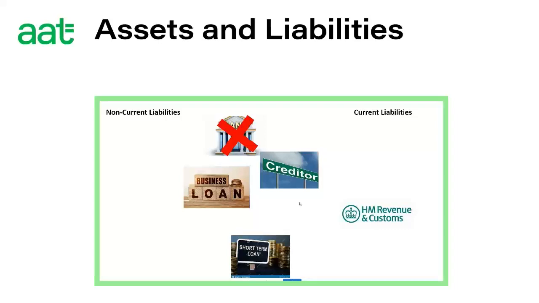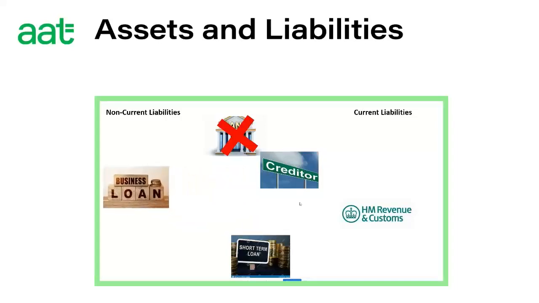Someone has asked what are the terms of it? So as you see at the bottom, one says short-term loan and then one says business loan. So I'm going long-term. But well done. It was Richard Owen that asked that, so well done, Richard. So it's long-term, so it's a non-current liability.